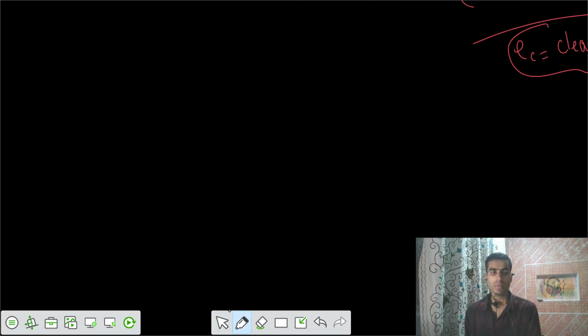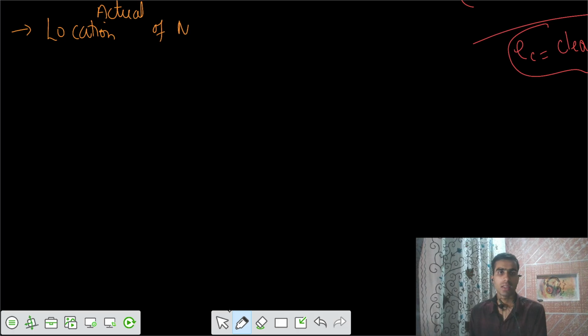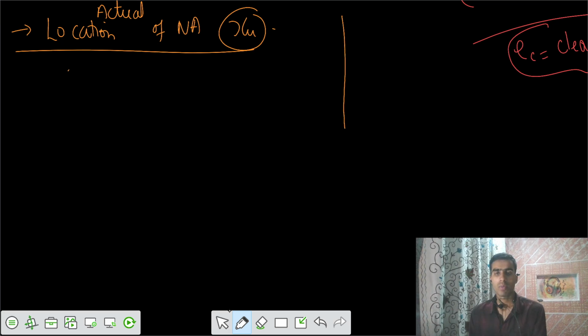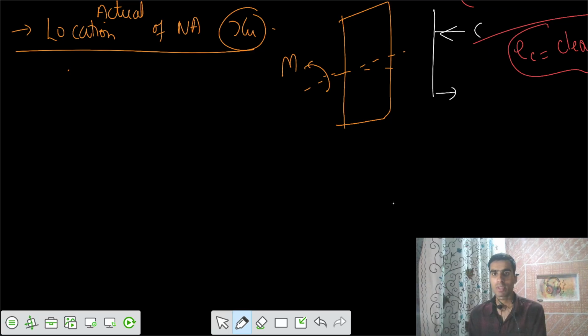So this is the actual location of the neutral axis, represented by some value of xu, and we can get it by equating forces. You are applying some bending moment M on the section, and there is no external force, but there is some internal C force that has developed, and some T force that has developed.